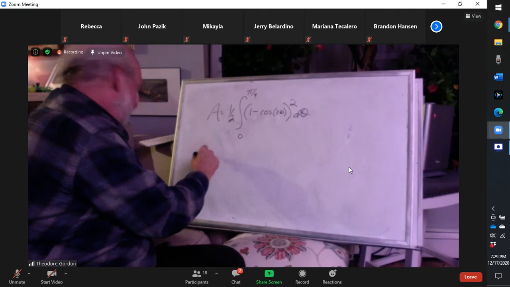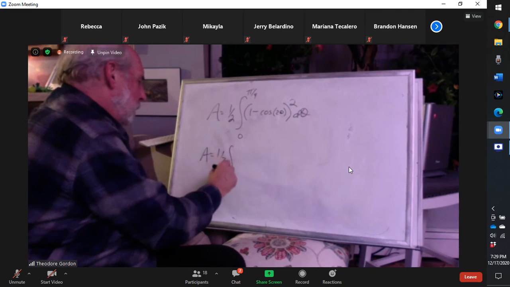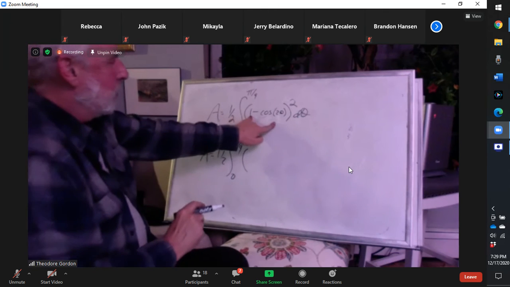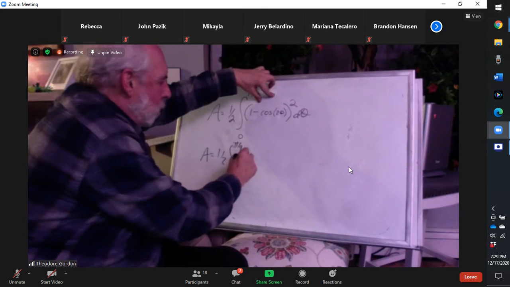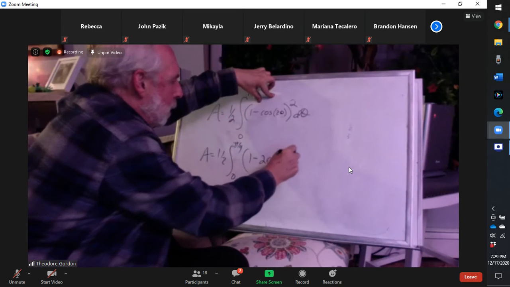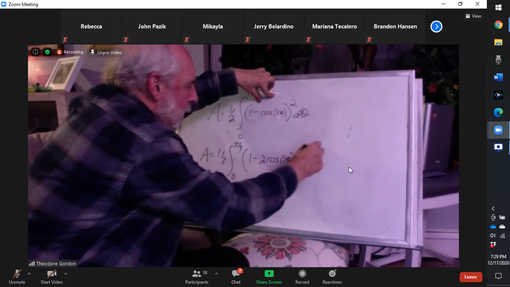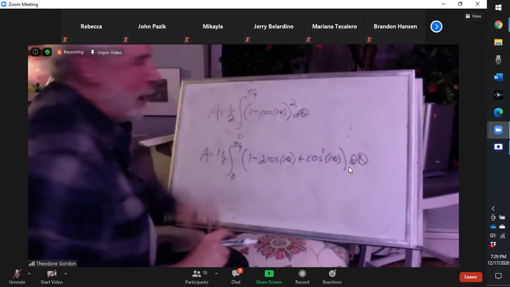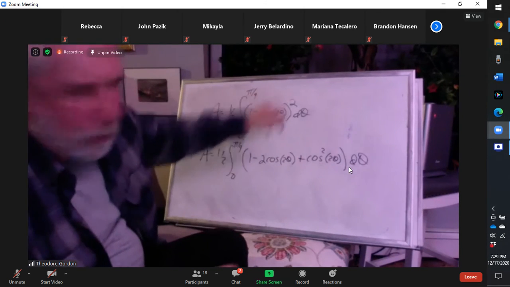So we get A is equal to 1/2 integral from 0 to pi over 4. We multiply this out, we square it, we get 1 minus 2 cosine of 2 theta plus cosine squared of 2 theta, d theta. And that's how you do that problem. You had to actually multiply it out.